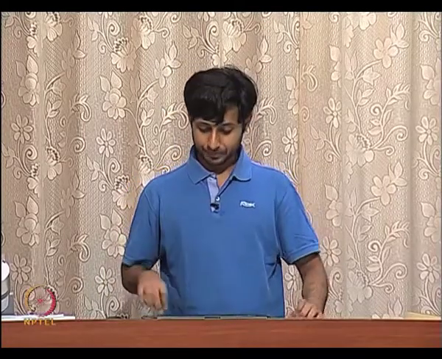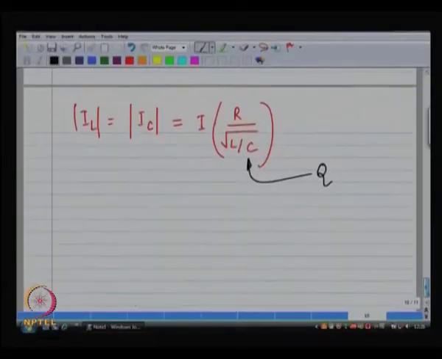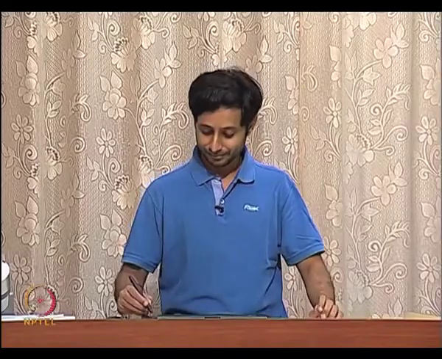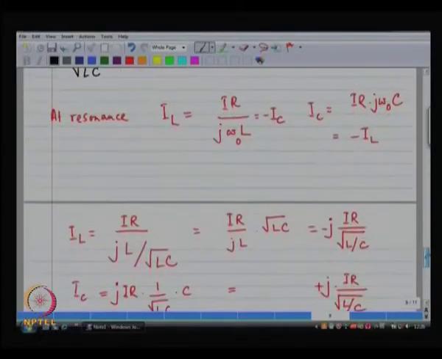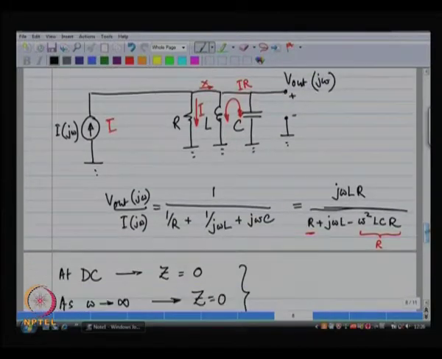You can really boost the current to whatever you want depending on the value of Q. Agreed? So, this is something that is not normally captured in this expression over here. In this V by I expression, this fact is not being captured.